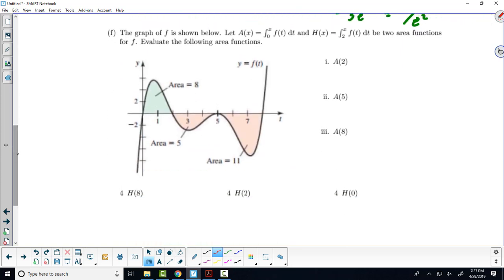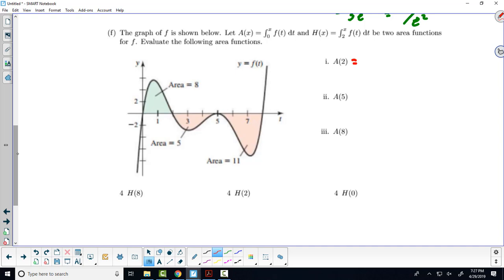Folks, here's another opportunity. I was trying to find this earlier when somebody asked the question about how to use the area function. I should have scrolled down further. Let's practice using this area function. I'm asked to find A of 2 here, folks. Don't let your eyes glaze over.